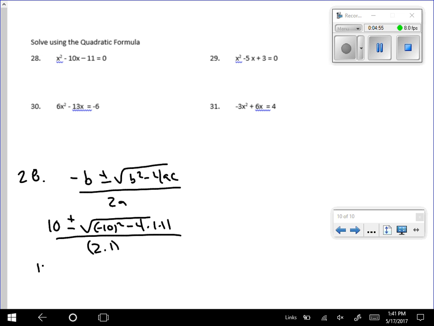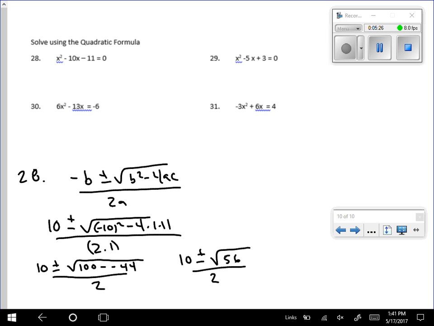So 10 plus or minus, we got to do what's under the square root first. 100 minus negative 44 over 2. So 10 plus or minus square root of 100 minus 44 would give us 36, I believe. 56, sorry. Over 2.